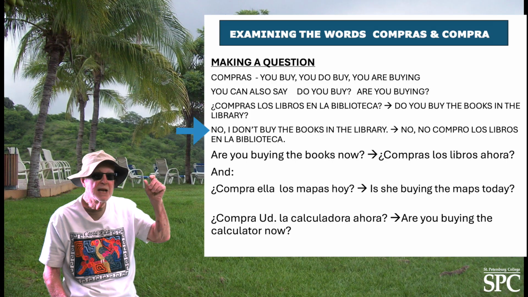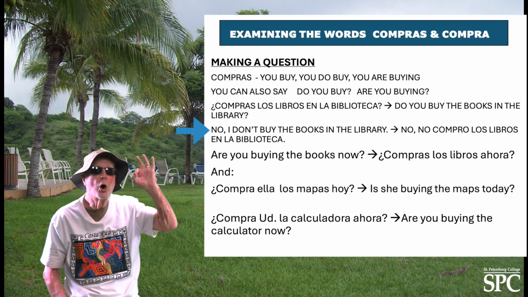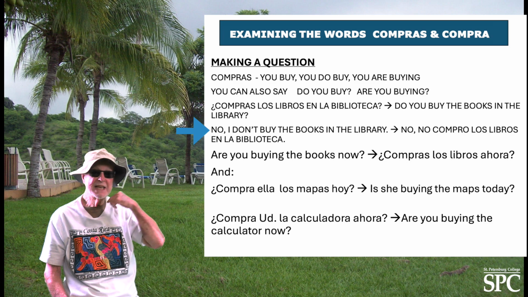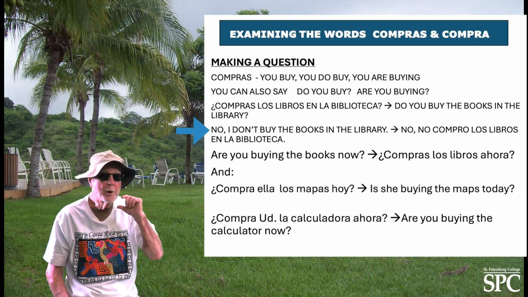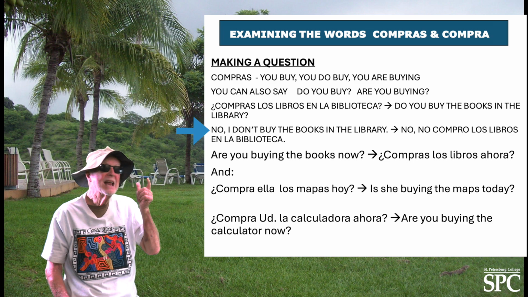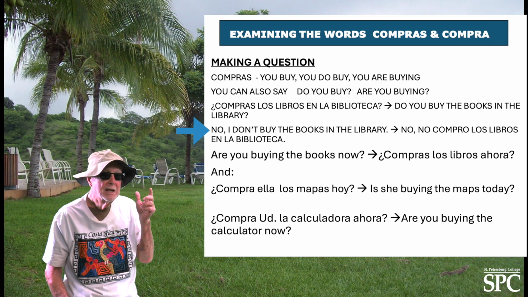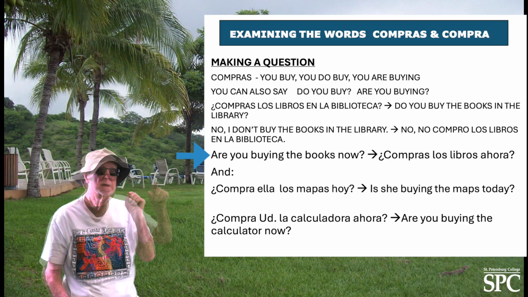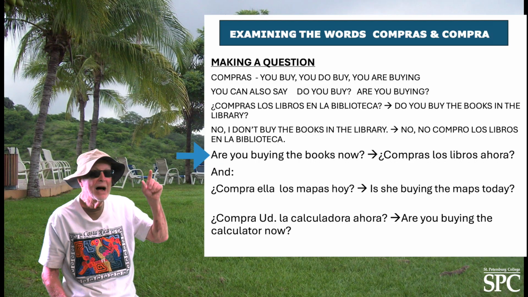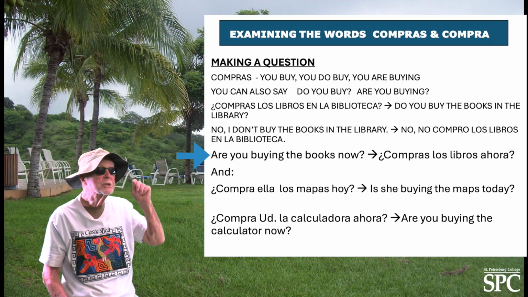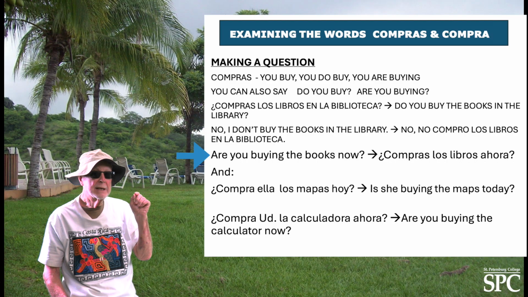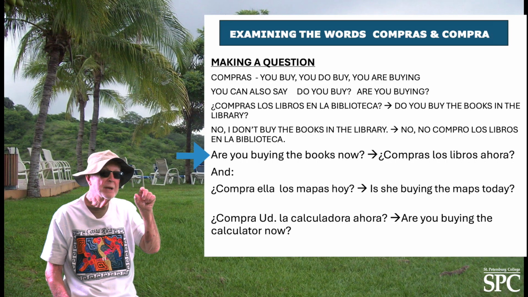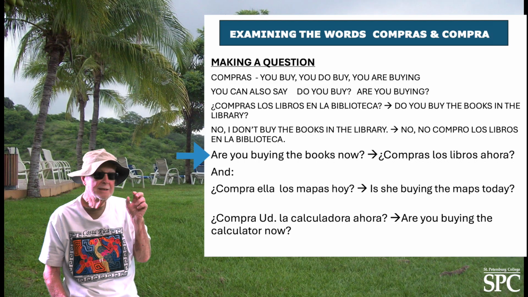So I've changed the compras to compro because the o represents the I. So, no compro los libros en la biblioteca. Are you buying the books now? ¿Compras los libros ahora? Are you buying the books now? Okay, so that compras becomes a question. Do you buy? Are you buying?